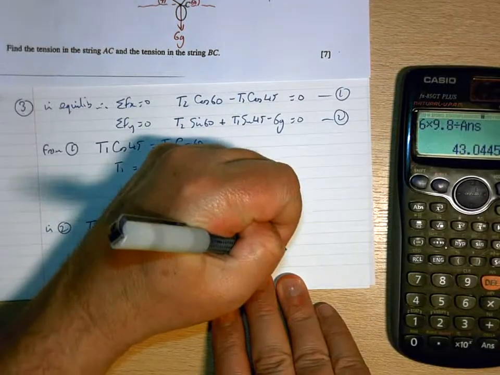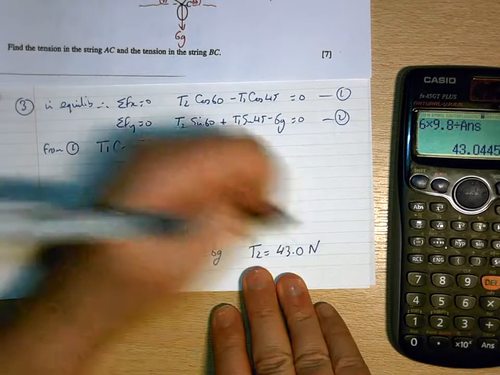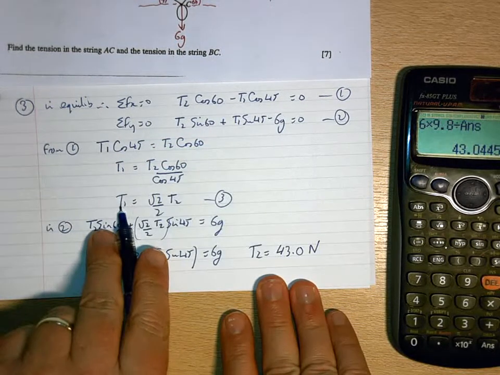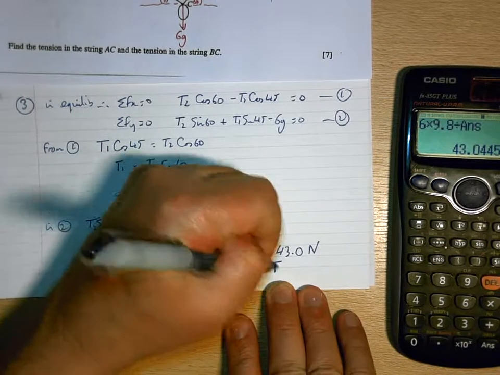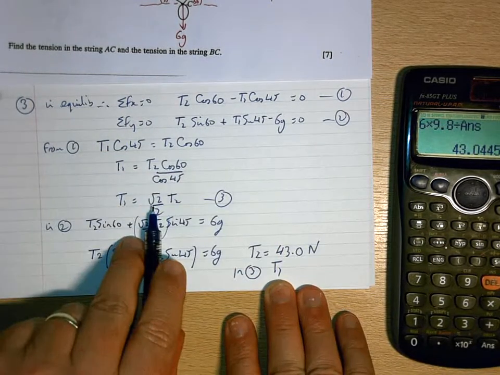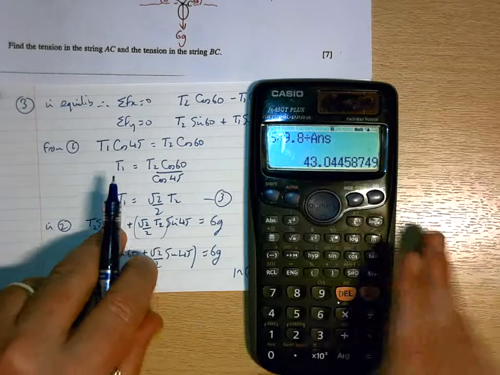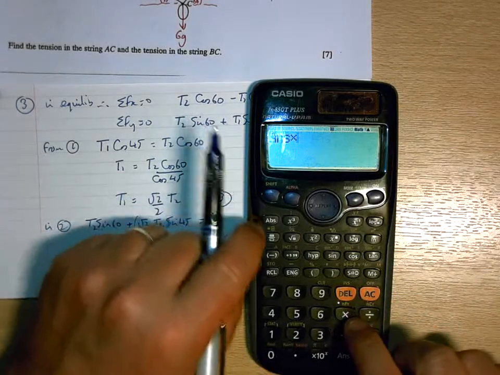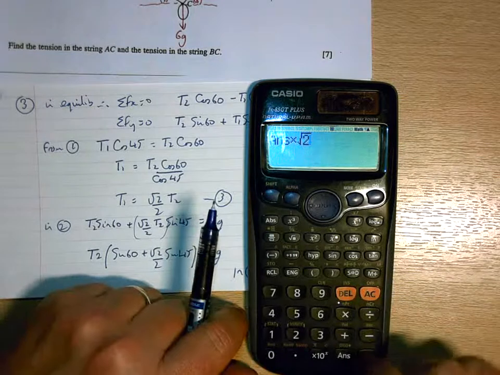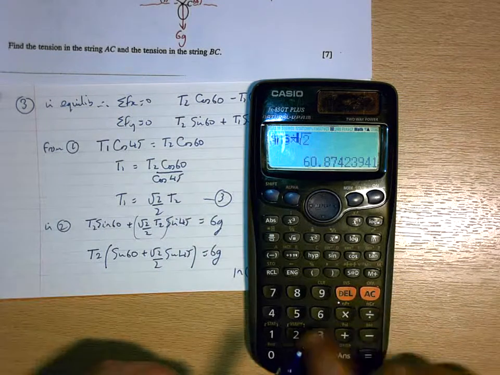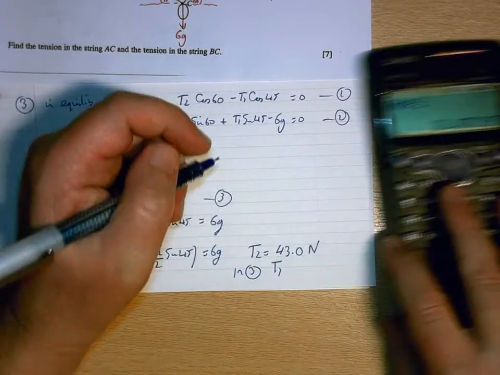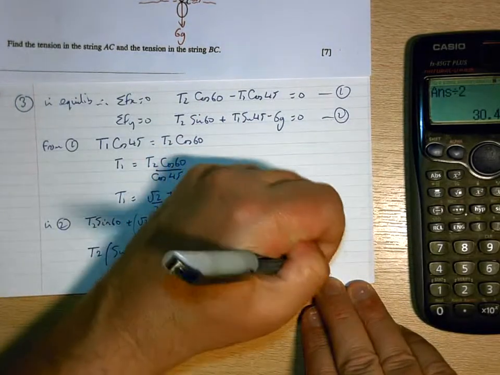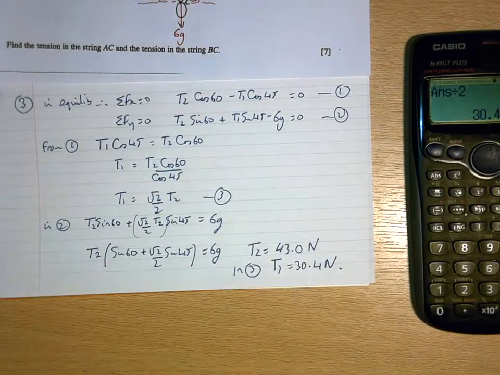T2 comes out to be 43.0, and then to get T1 I multiply that by root 2 and divide by 2. So times root 2 equals that, divide by 2 equals 30.4 newtons. So that's question 3.